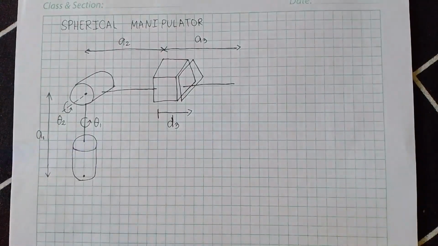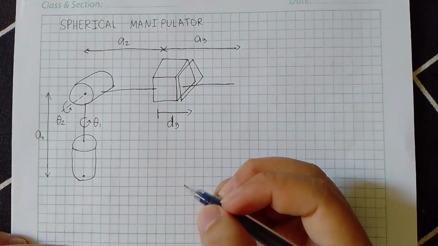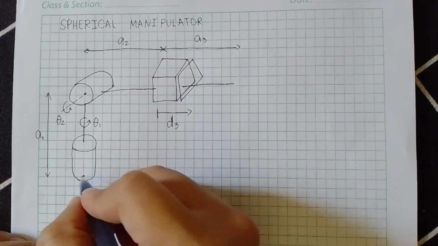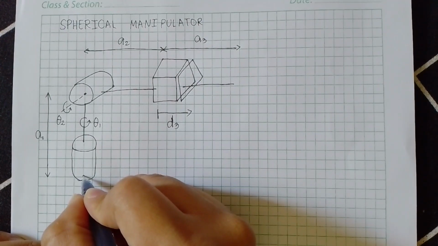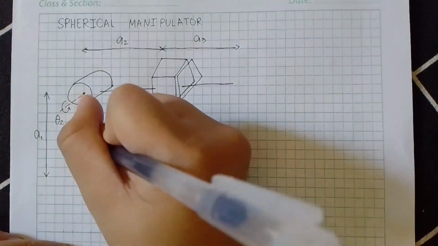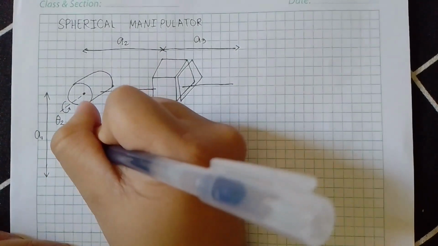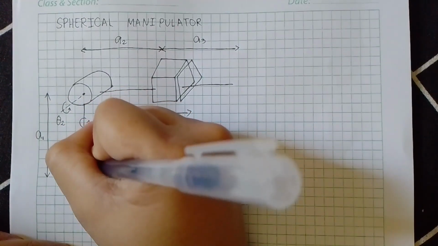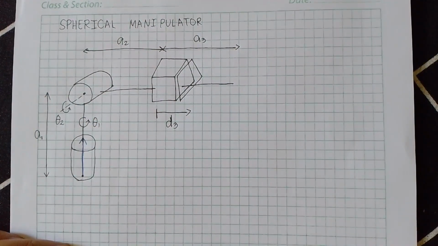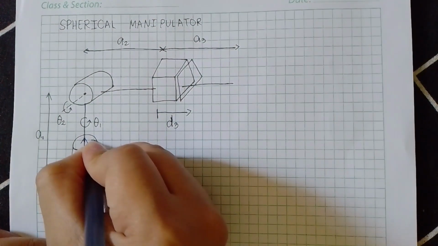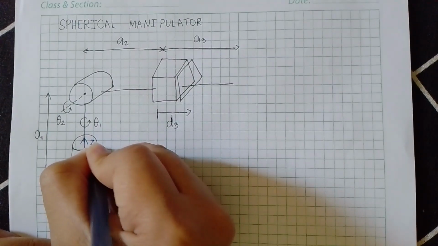Blue pen. Blue line as the z-axis. In frame 0, z sub 0 must be upward. Then this one is z sub 0.